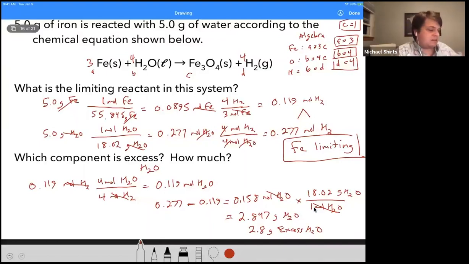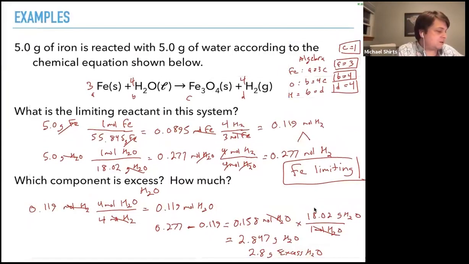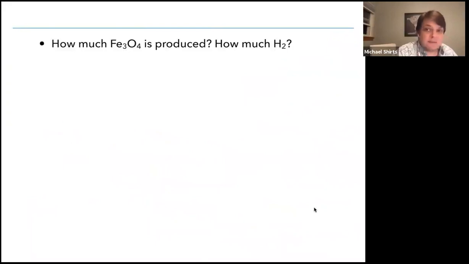Let's keep thinking through this problem a little bit more. So how much iron oxide is produced? How much H2? Well, the amount of iron oxide that's produced is going to be limited by the limiting reagent.